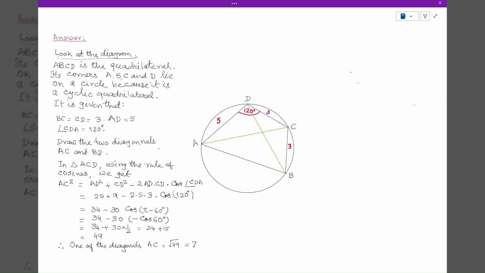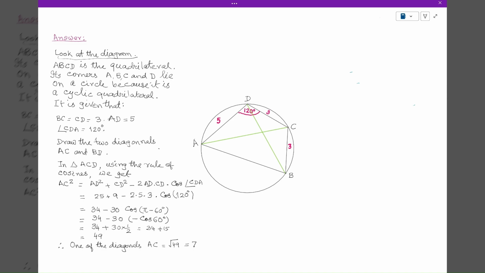Now in triangle ACD, two sides are known, that is side CD is equal to 3, side AD is equal to 5 and the angle between the two sides is also given, that is 120 degrees.